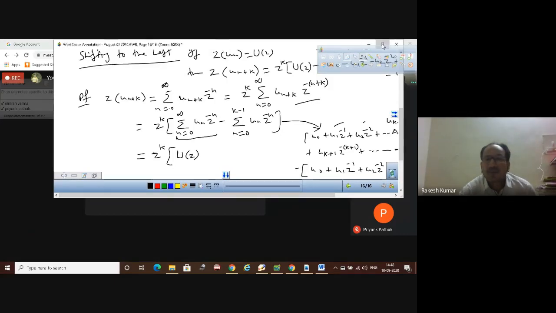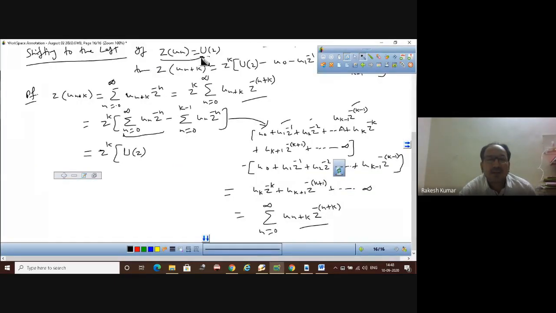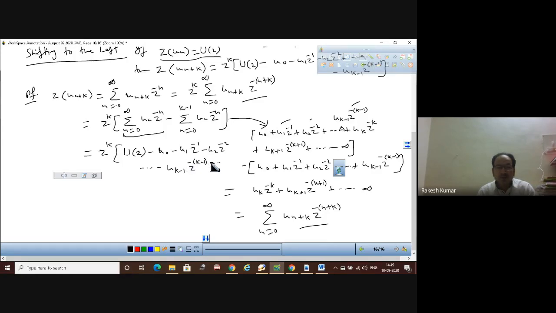So this is the standard z transformation which I am going to use here. From the remaining terms we shall have, because all terms will be negative, for n equal to 0, this will be u_0. For n equal to 1, u_1 z inverse, u_2 z power minus 2, with negative sign, and the last one will be u_(k-1) z raised to power minus of (k-1).